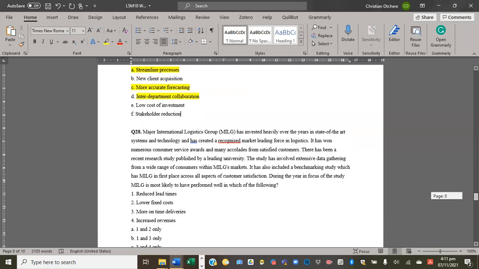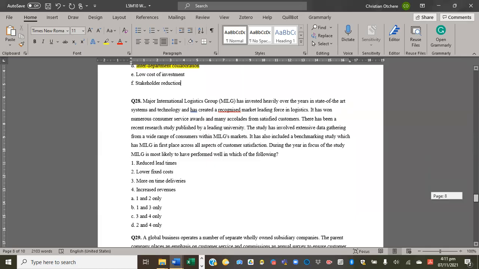Then 28. A major international logistics group has invested heavily over the years in state-of-the-art systems and technology, and has created a recognized market-leading force in logistics. It has won numerous customer service awards and many accolades from satisfied customers. There has been a recent research study published by a leading university.